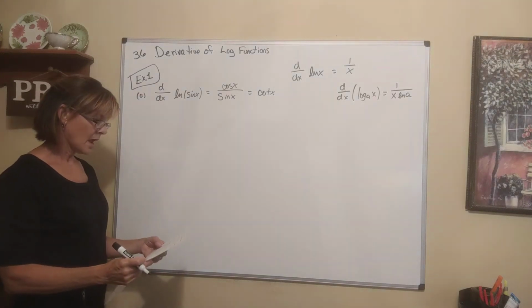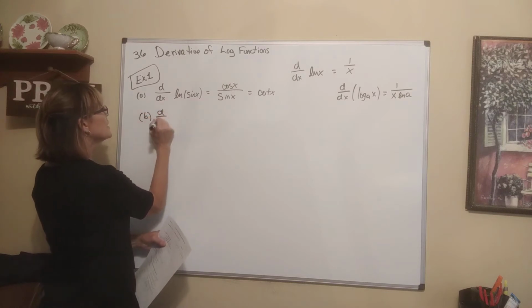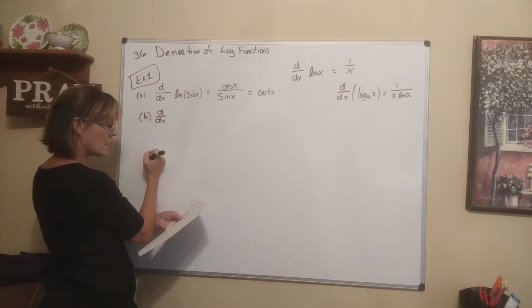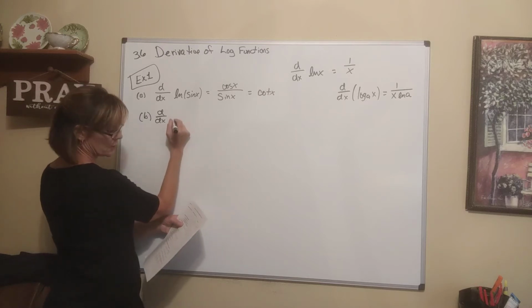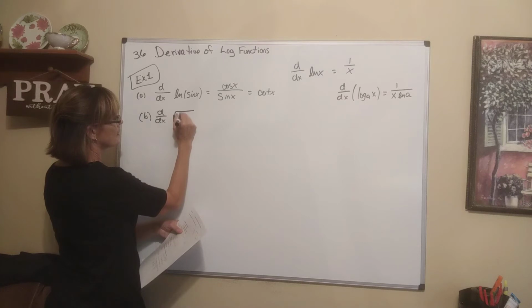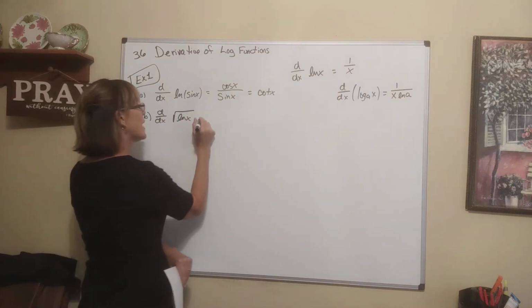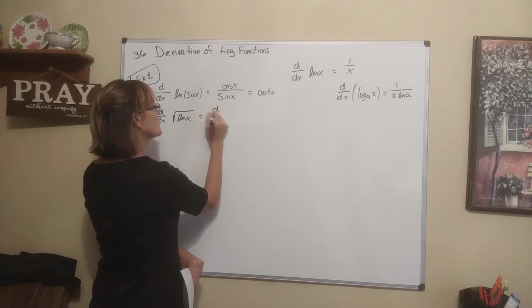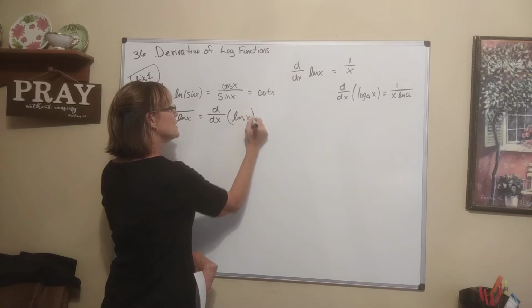Let's do b. The derivative of f of x is the square root of the natural log of x. First, this is a power rule, so I'm not taking a derivative yet. I'm just rewriting this into natural log of x to the 1/2.